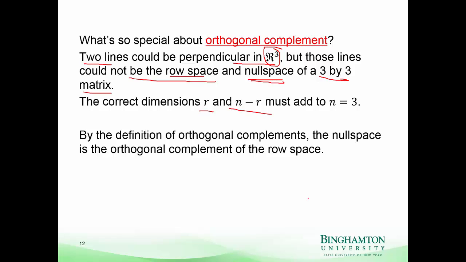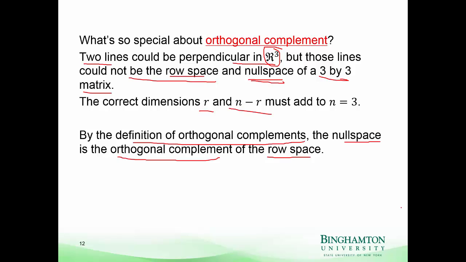So we're actually starting to see here that because of the way that we defined orthogonal complements, the null space is the orthogonal complement of the row space, and vice versa. I didn't mention that, but V perp is the orthogonal complement of V, and V is the orthogonal complement of V perp.